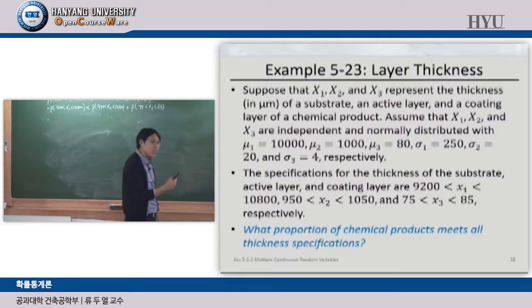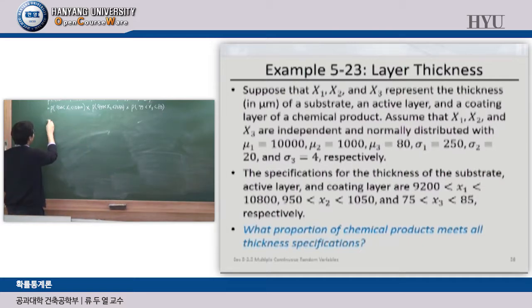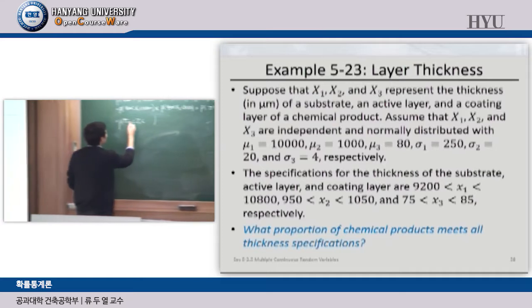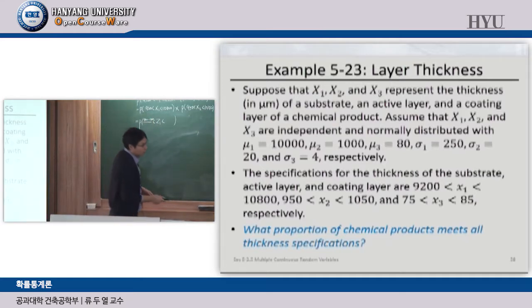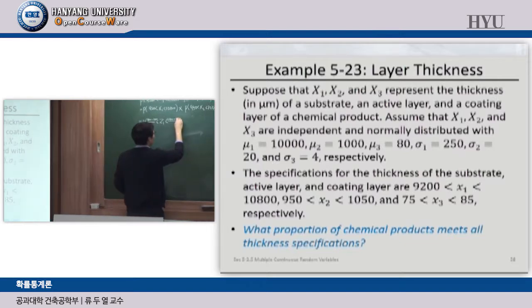And also, we can use the standard normal random variable, which we call Z. So that can be written as the probability of Z1, the standard normal random variable, being between 9,200 minus the mean, which is 10,000, over the standard deviation of X1, that is 250, and 10,800 minus also 10,000 over 250, okay?